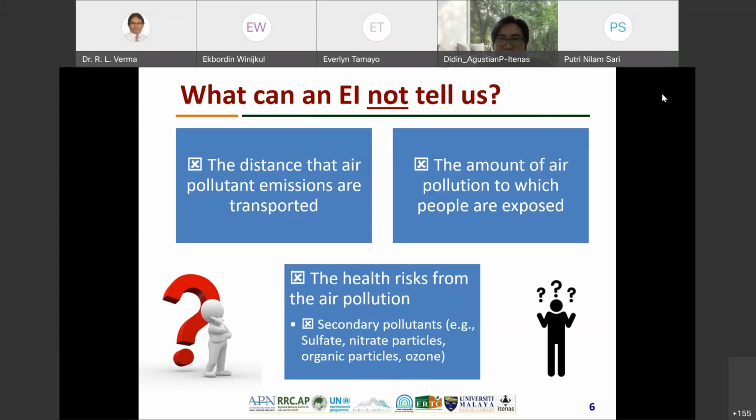The amount of air pollution to which people are exposed also cannot be known by seeing the emission inventory data. The health risk from air pollution and secondary air pollutants are among the information that cannot be clearly explained by using emission inventory data.